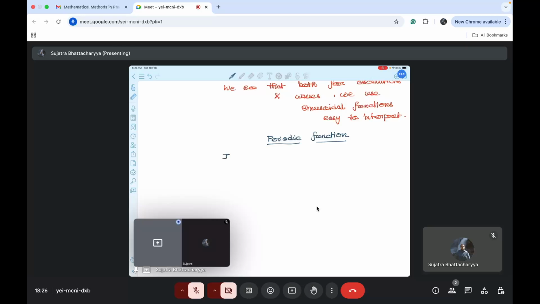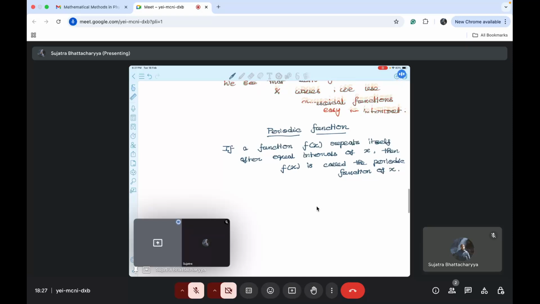Okay, so now, how to define it? Suppose a function f(x) repeats itself after equal intervals of x, then f(x), the function, is called a periodic function of x.